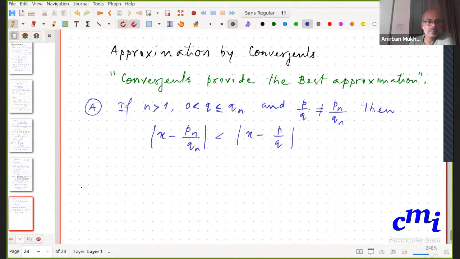We can in fact prove a slightly stronger statement, so this is what we will prove.